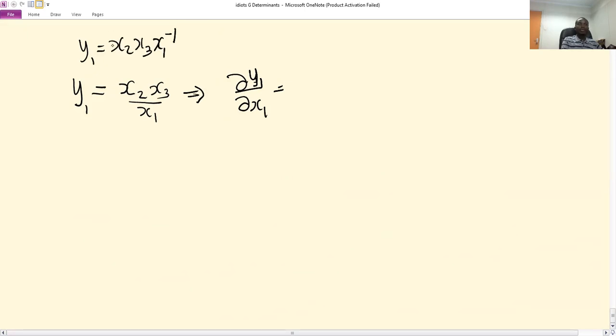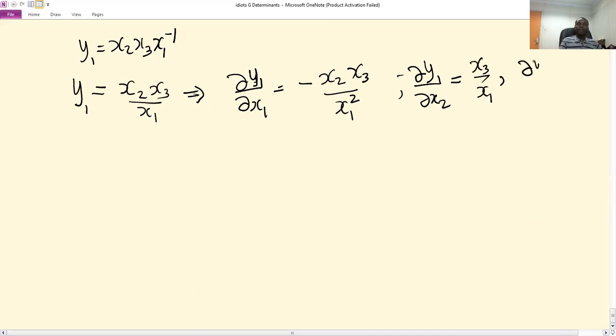So use the power rule, drop -1, so we'll have a negative sign, x2 x3, and subtract 1, you'll get power -2, which is the same as over x1 squared. And then partial y1 partial x2 should be easy to calculate. This will be x3 over x1, and partial y1 partial x3 will be x2 over x1.